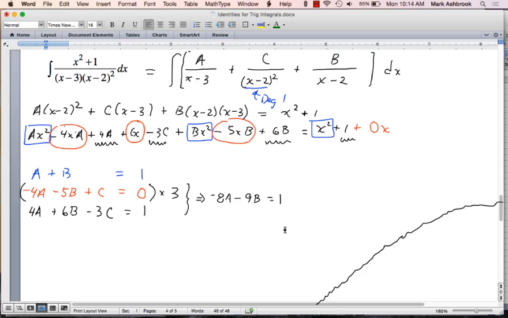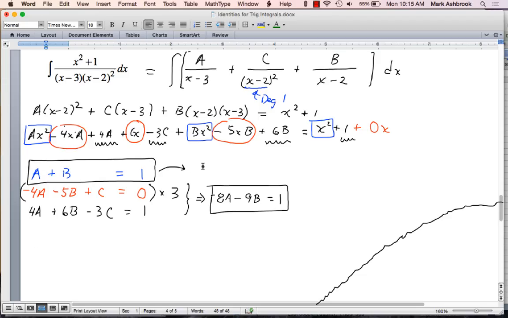So now I can combine these two. And just for something new, let's do substitution now. So I've got this one, and I've got this one, the boxes. And I can come here and say, this says that a equals 1 minus b. So now I'm doing a different method.